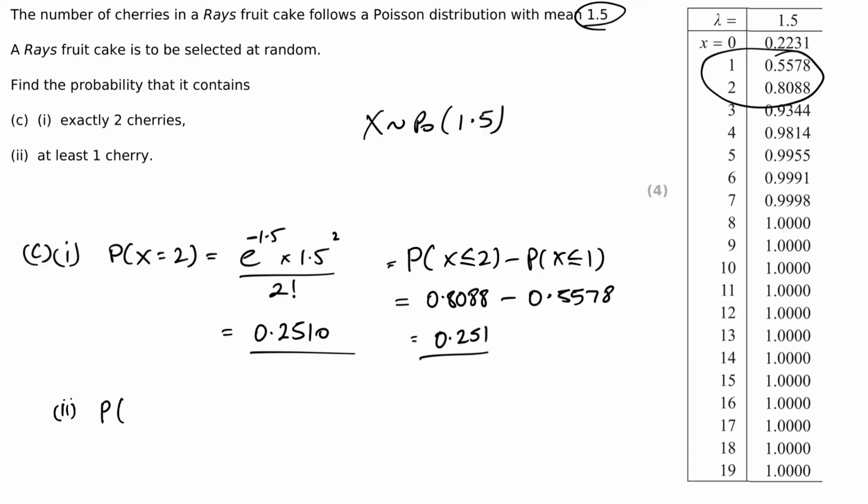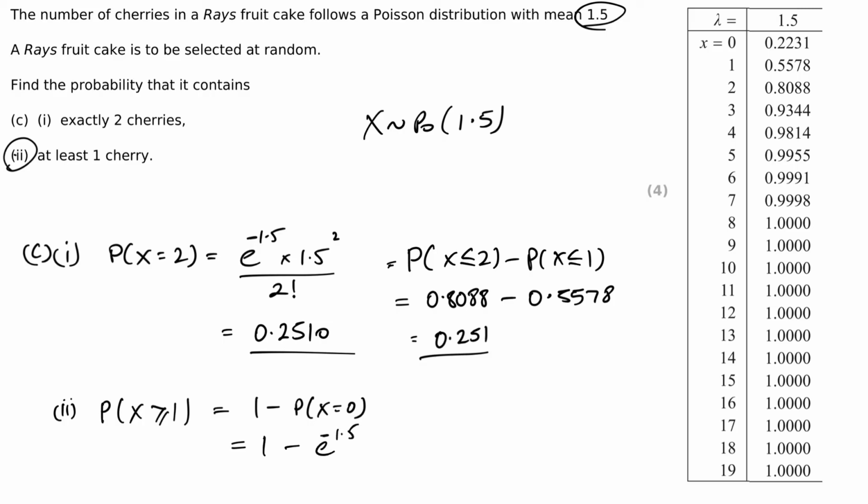Now we've got part 2, at least 1 cherry, so greater than or equal to 1, isn't it? At least 1. So 1 minus the probability that x equals 0. And again, if I use the formula, I can find that value of 0 quite quickly, as it's 1 minus e to the minus 1.5.